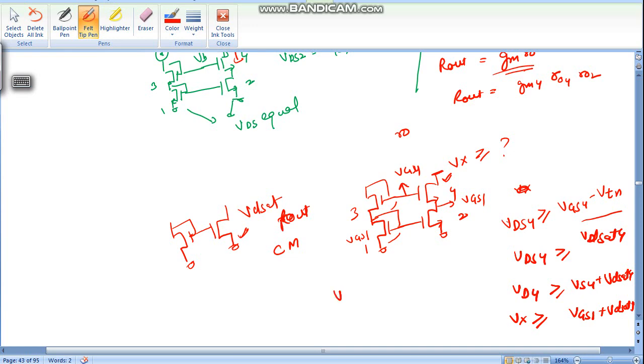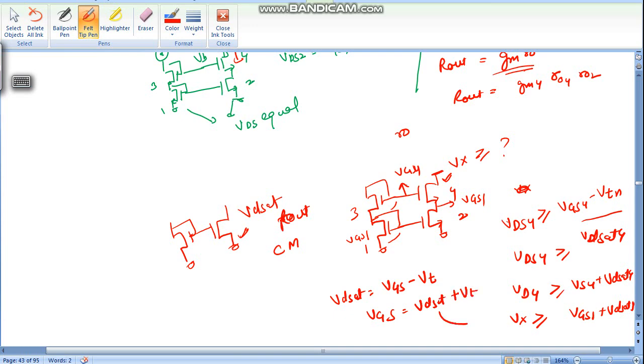Now if we want the device in saturation, VDS should be greater than or equal to VGS minus VT. So you can say VDsat equals VGS minus VT, so VGS equals VDsat plus VT.